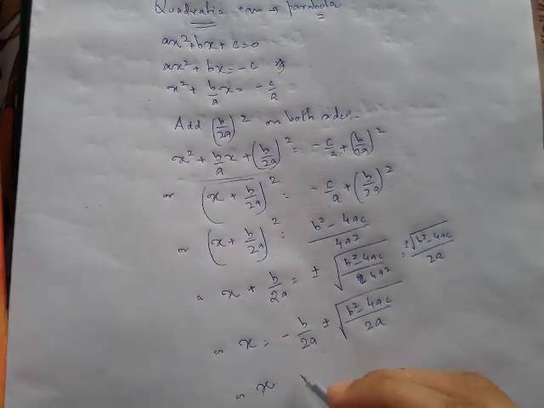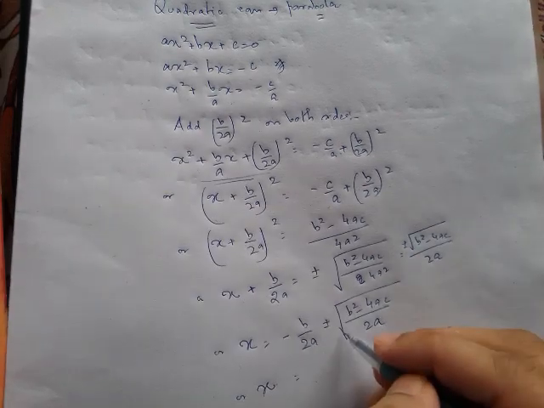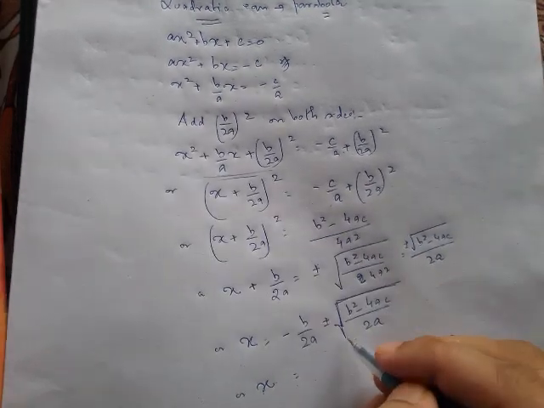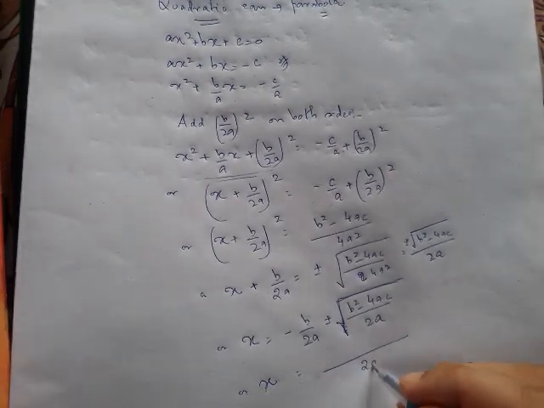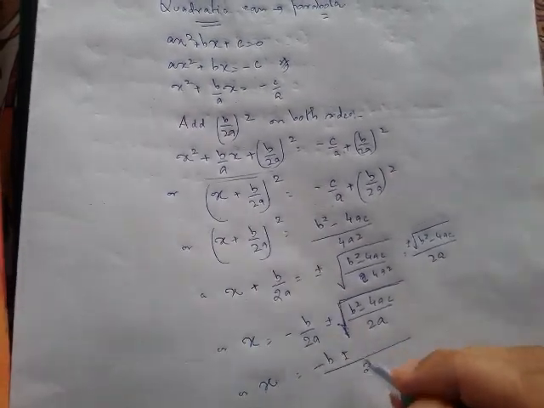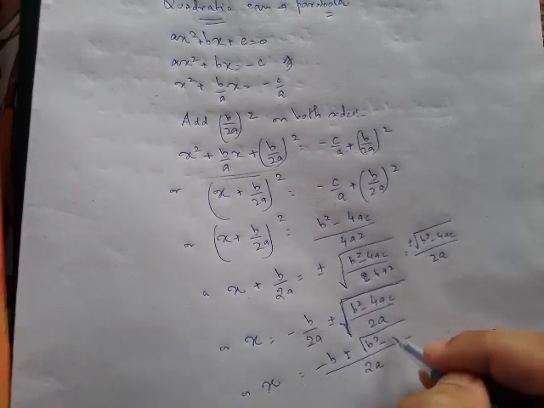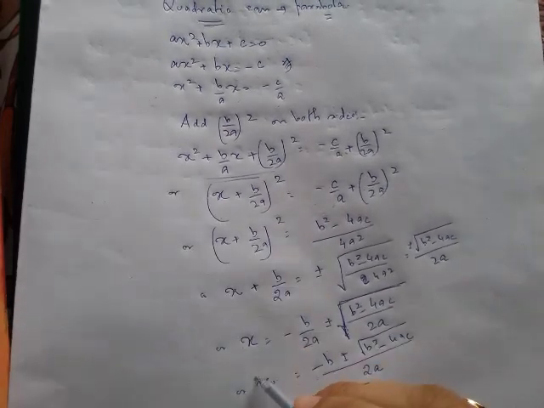Or we can further beautify it. 2a is outside root, taking LCM as 2a, minus b plus minus root over b square minus 4ac.